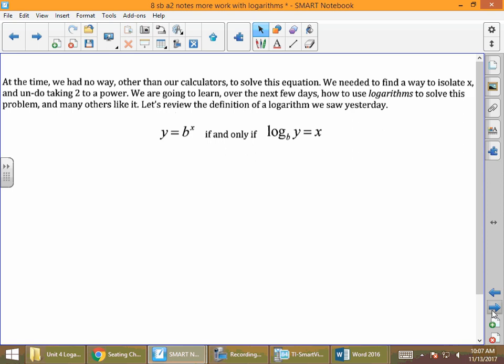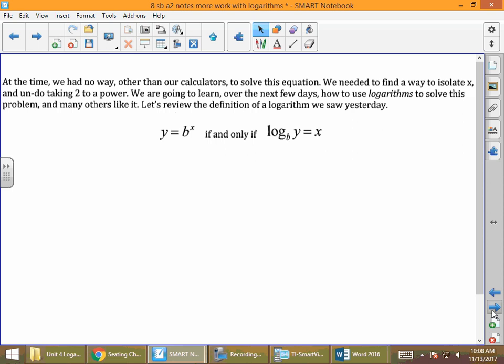At the time, we had no way other than our calculators to solve this equation, because we need to isolate x, and x is an exponent. So we need to find a way to isolate x and undo taking 2 to a power. So what we're going to do for a good portion of this week is learn how to use logarithms to help us solve this problem and many others like it.